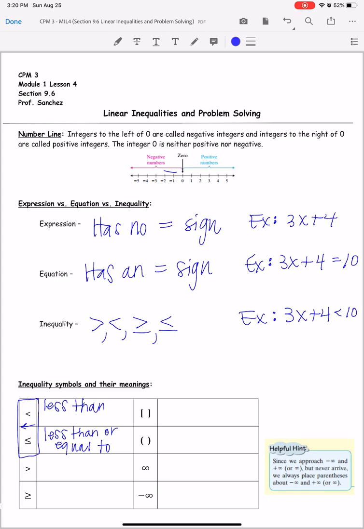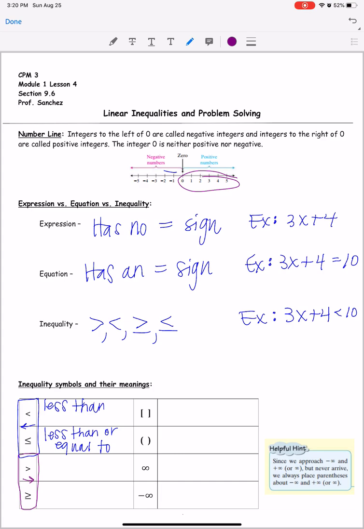Then these symbols here, used as an arrow, are pointing to the right, to the positive numbers. So this is your greater than and greater than or equal to symbols.